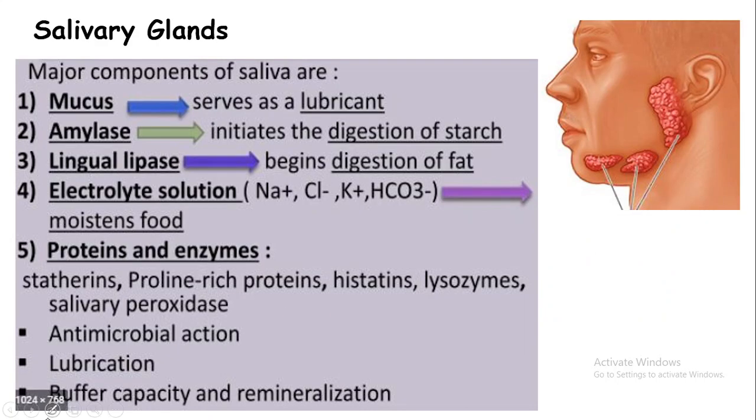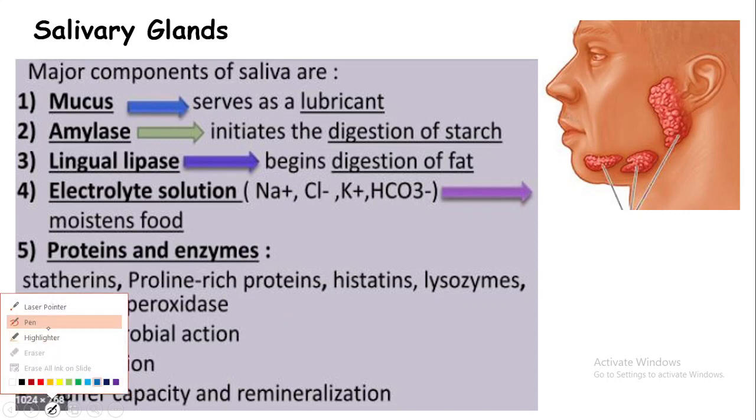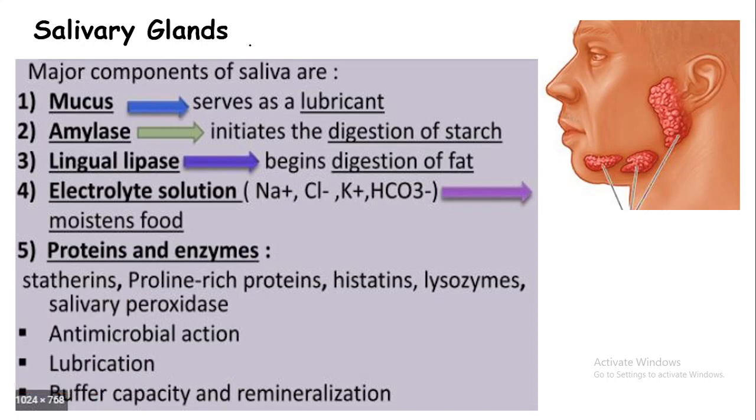Coming to the salivary glands. The salivary glands are 3 in number. There are 3 pairs of salivary glands that are situated at different positions. One is situated just in front of the ear.